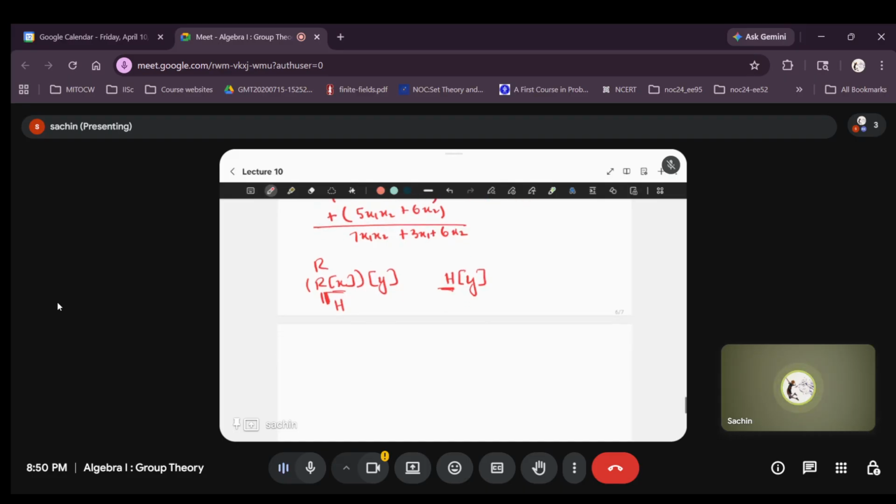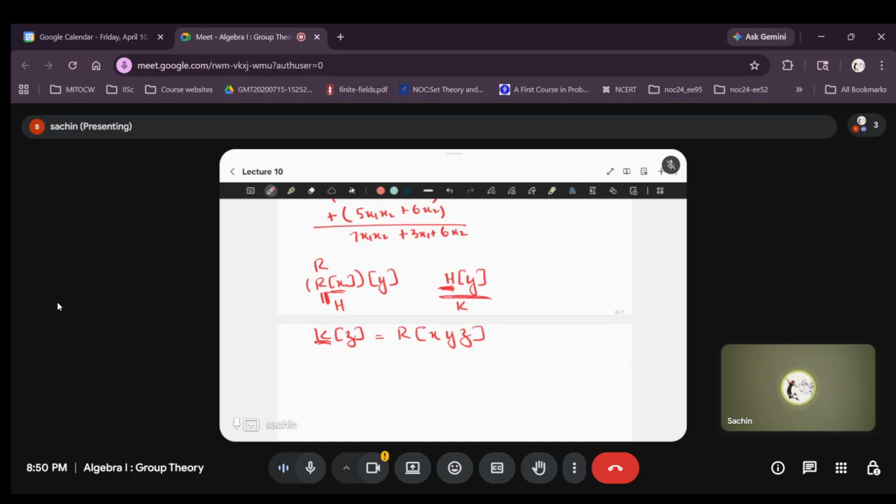Then h of y, you can call this some other ring k. That is also a ring, because h is a ring, so h of y is a ring. Then you can add k of z, polynomials in z, but the coefficients are from k, where k is polynomials in y with coefficients in h, where h itself is polynomials in x with coefficients in R. So at the end of the day, this will actually be with coefficients in R and with three variables x, y, z.